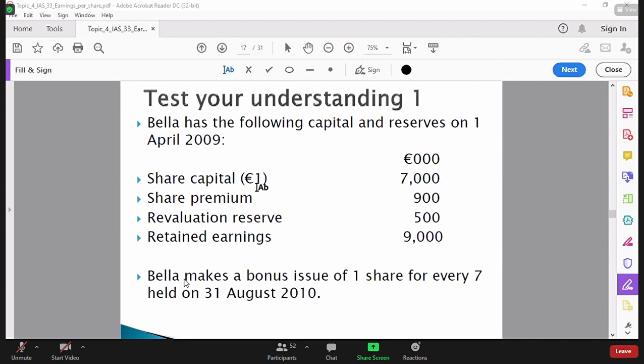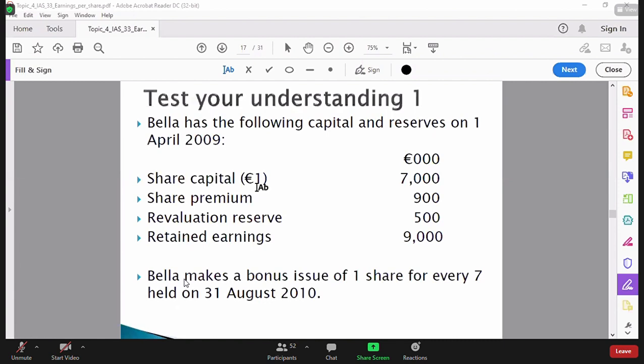Now they want to make 1 for every 7 held. So how much is the bonus share issue? 14, 1,000, 14,000. So it becomes 7,000, right? Divided by how much?